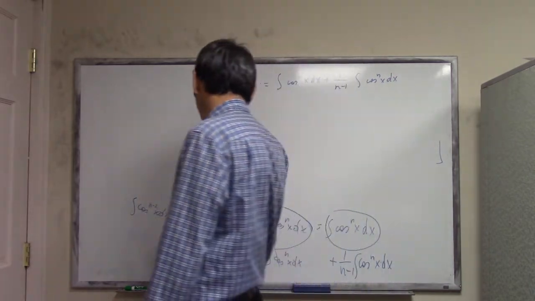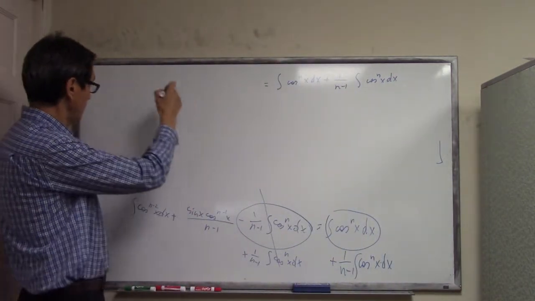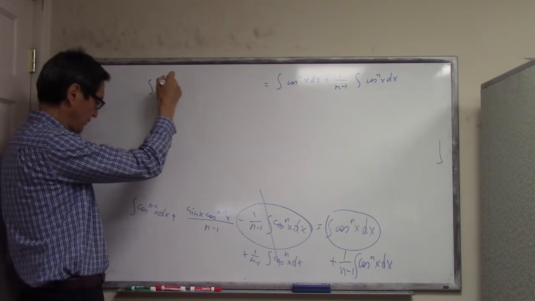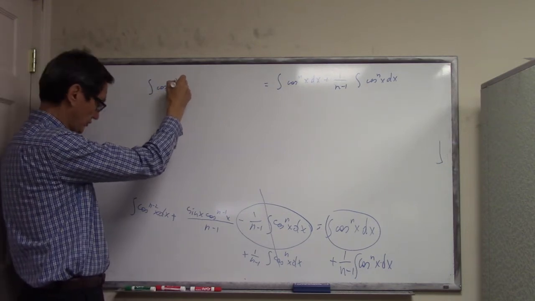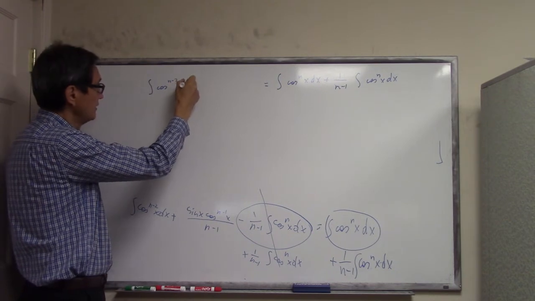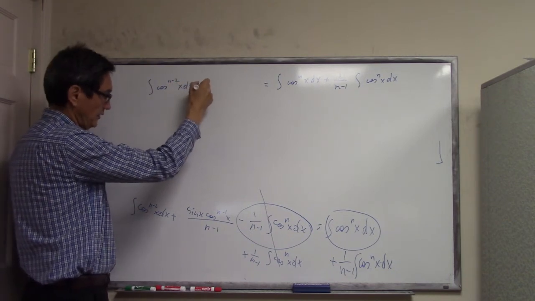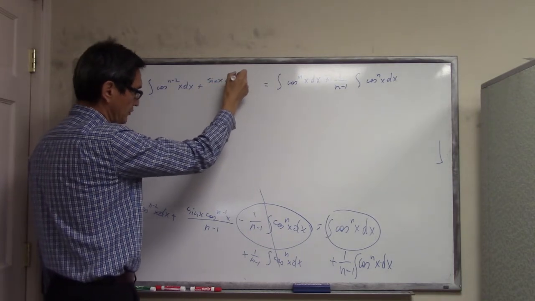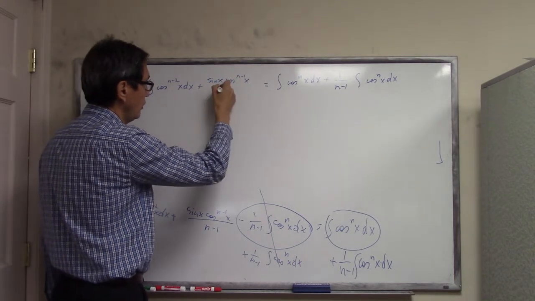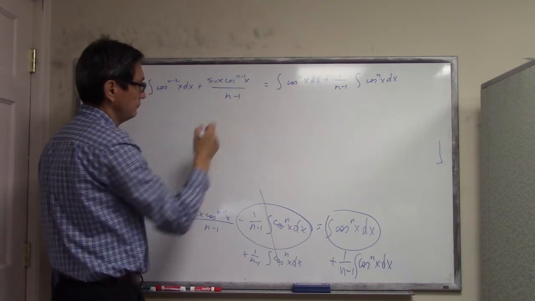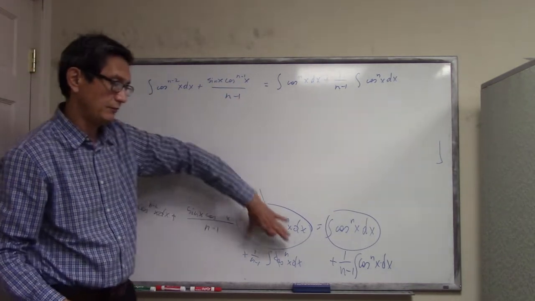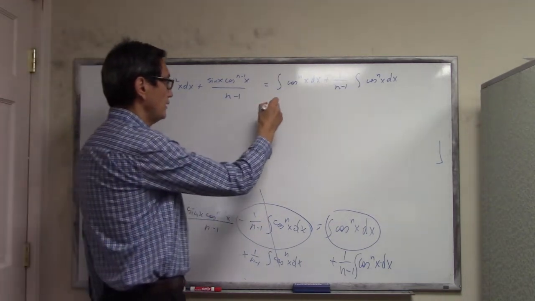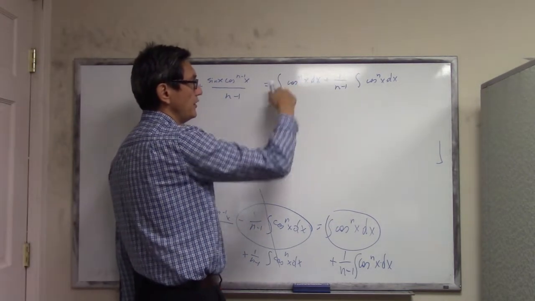Left side, copy these guys: I'm going to get the integral of cosine raised to n minus 2 x dx plus sine x cosine raised to n minus first power over n minus 1. So just copy the left side. On the right side now I'm going to combine coefficients of the integral.